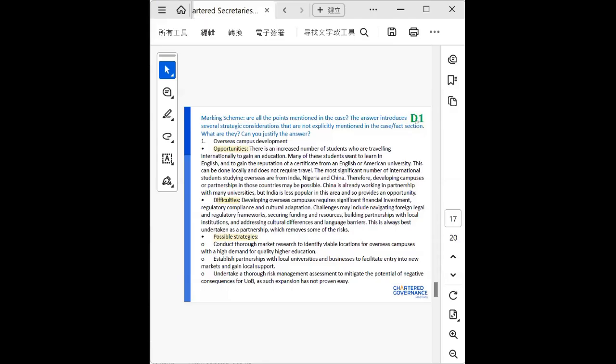Now, it's very strange that this is not explicitly mentioned in the facts of the question. You're given the problems, and this is one of the possible options available. You develop the campus because of the problem.